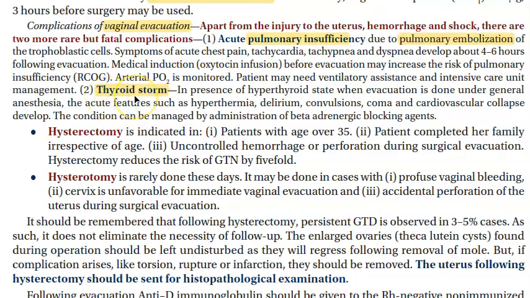They can go into a thyroid storm in the presence of a hyperthyroid state. Focus, guys. So they'll have hypothermia, delirium, convulsions, coma, cardiovascular collapse, etc. So you will have to administer beta adrenergic blocking agents.